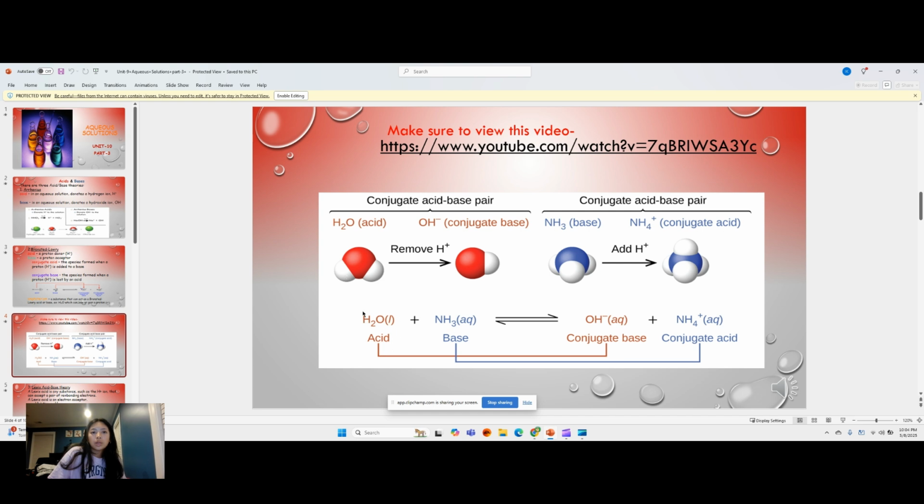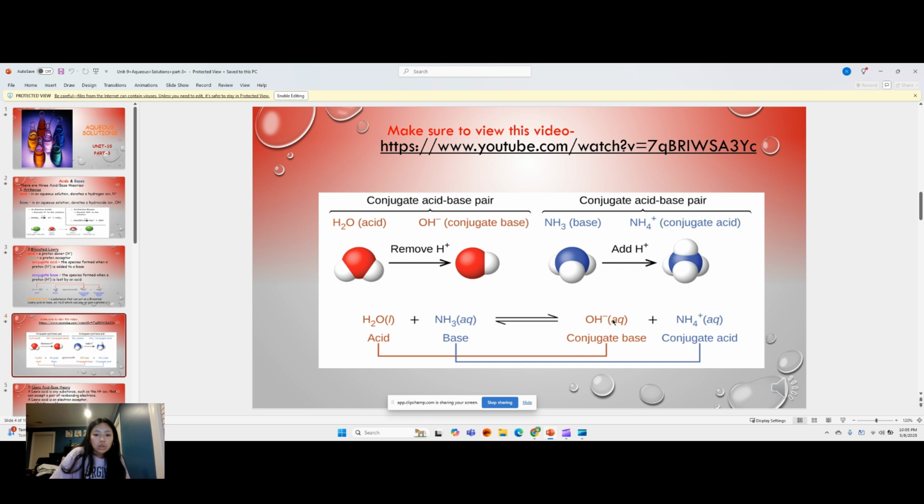Let's go over this one. In this case, your acid is water. In the previous example, your base was water, and in this one, water is our acid. This acid is going to lose a hydrogen, and when water loses one hydrogen, it forms the hydroxide ion.